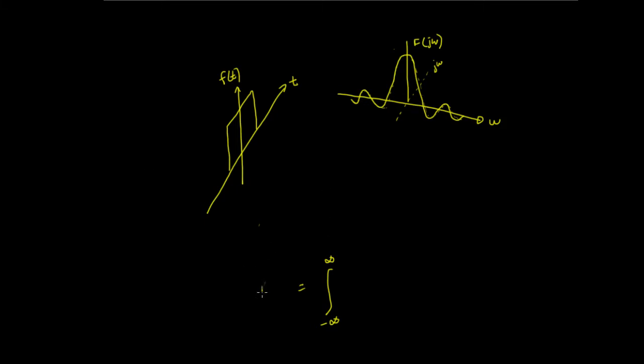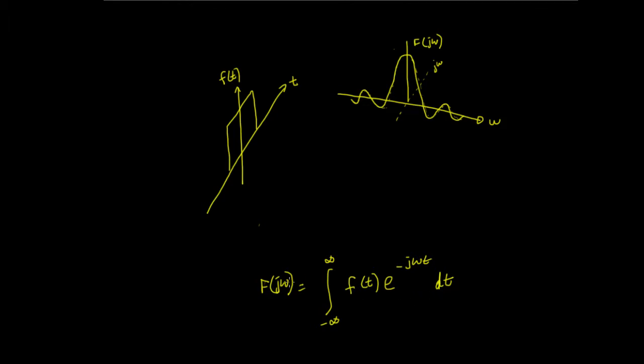So we would say that f of j omega equals the integral from minus infinity to infinity of f of t times e to the minus j omega t dt. So that there would be our forward transform.